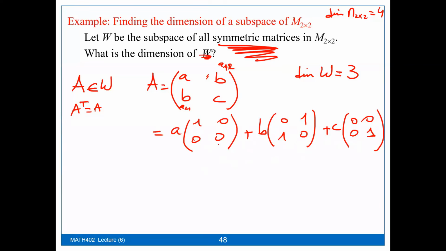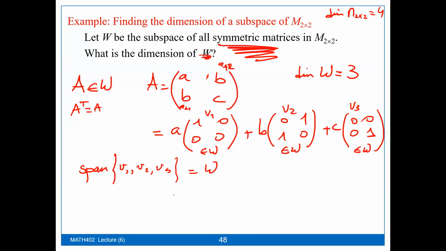And these three matrices are symmetric, are elements of W. So if we call them V1, V2, V3, the span of V1, V2, V3 is W. This set is linearly independent. We can show it.